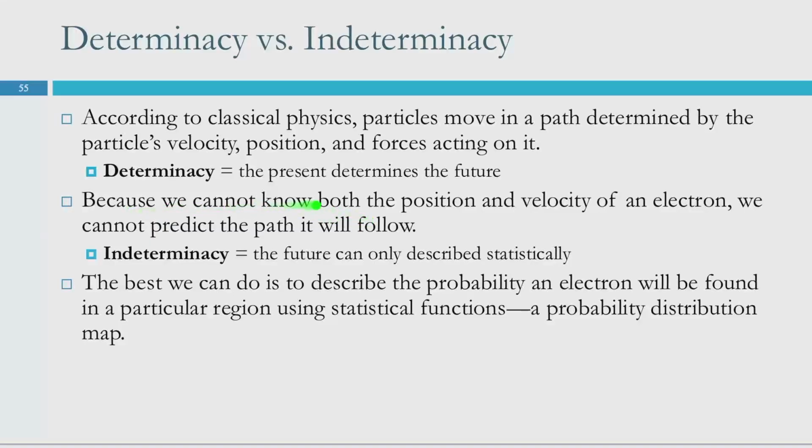However, because we can't know both the position and velocity of the electron, we can't predict the path that it will follow. If we're thinking about it as a baseball, you can either see where it is, or you can know which direction it's traveling, but you can't know both to a great extent. It's sort of like, if any of you have played that old backyard baseball game, there's this pitch that you could throw that was like a crazy ball, just flying all over the screen.